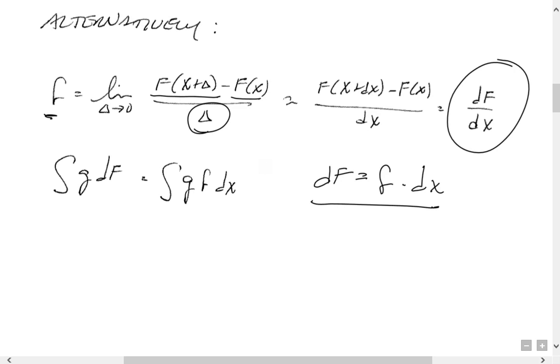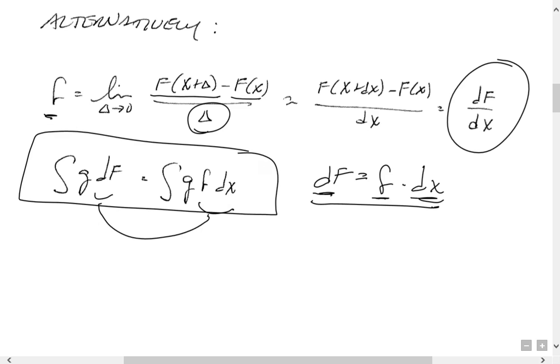That implies then, if we were to solve this simply, that the differential in F is equal to the density times the differential in x. And so we plug that in. We've got dF is equal to little f dx, and we can equivalently write our integrals either way in the Riemann sense.